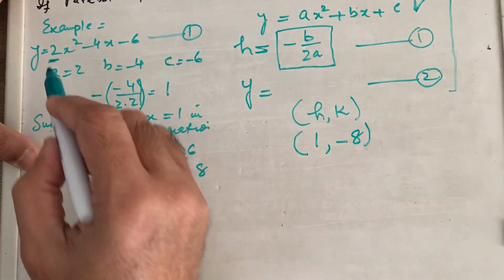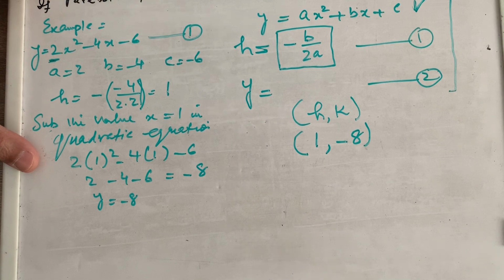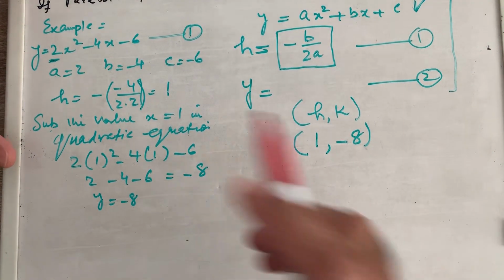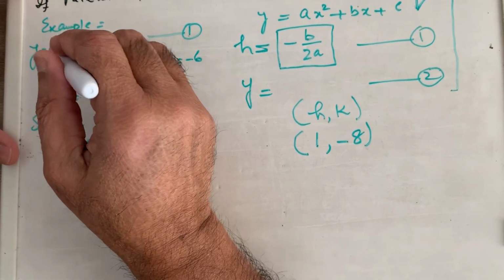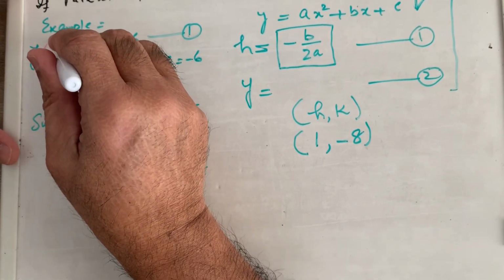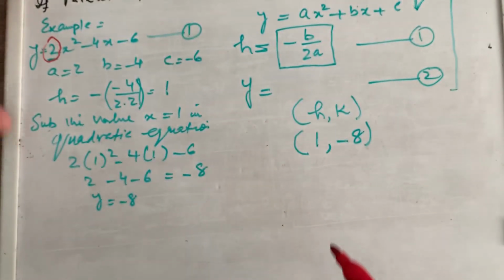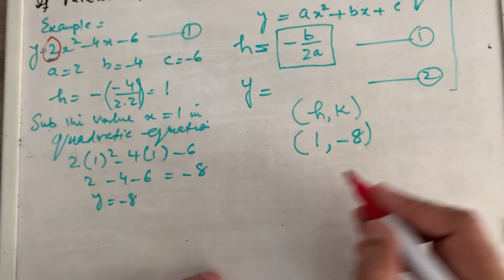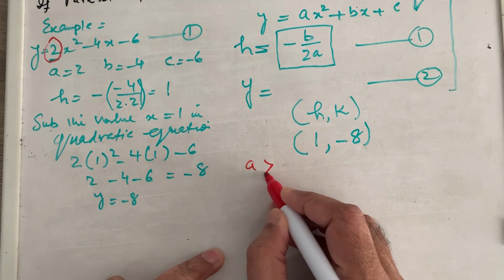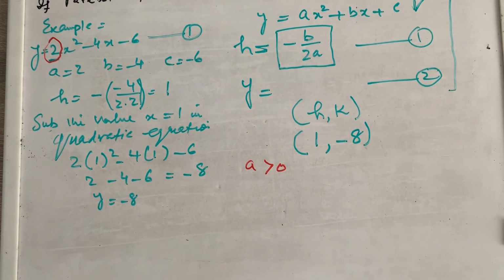And what was your a? You have to check the value of a. A is greater than 0. Here a is 2, so it's greater than 0. That means what value would it be?